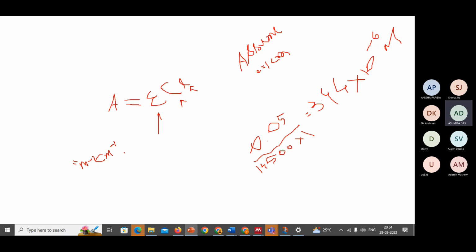So this is the unit of your molar absorptivity. Then we'll go for concentration, the concentration unit we have to find out. Then we'll go for path length. Path length we'll consider in cm or centimeter. So in both cases centimeter will be cancelled. So the concentration unit will be molar.